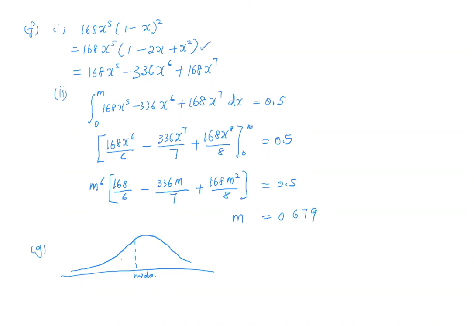Mean is here. This is left. Median is 0.679, correct? Mean is 0.667, correct? Yeah. Negatively skewed. Skew left, okay? Left skewed.